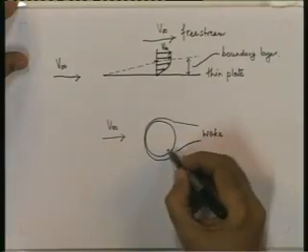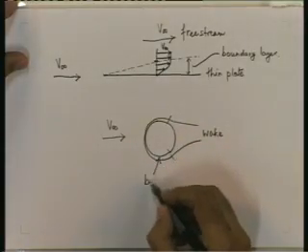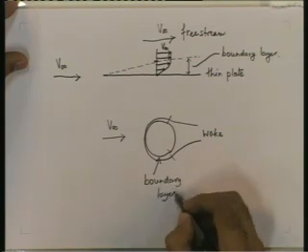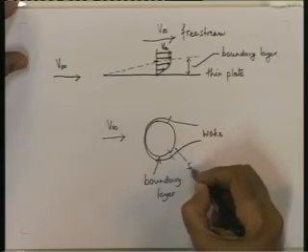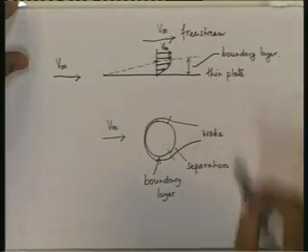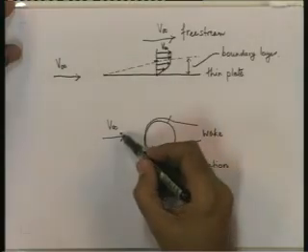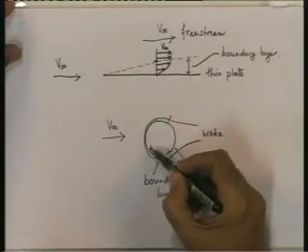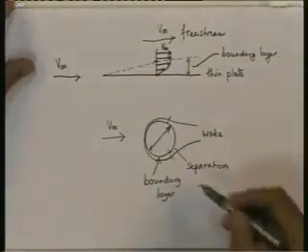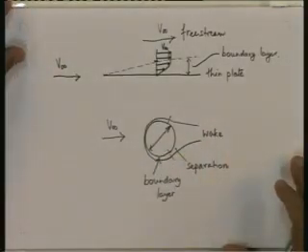So here you have part of the regime which is the boundary layer, then we have separation leading to a wake, and depending on the diameter of the cylinder, V infinity, there will be different formats and different forms of the boundary layer and different forms of the wake.